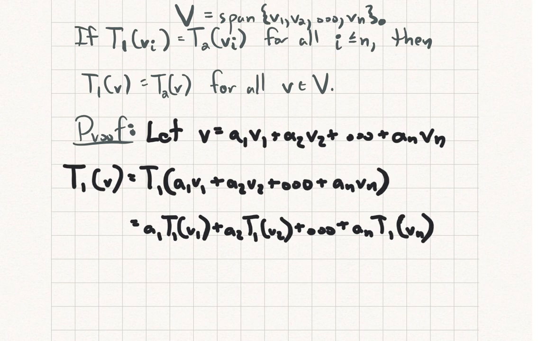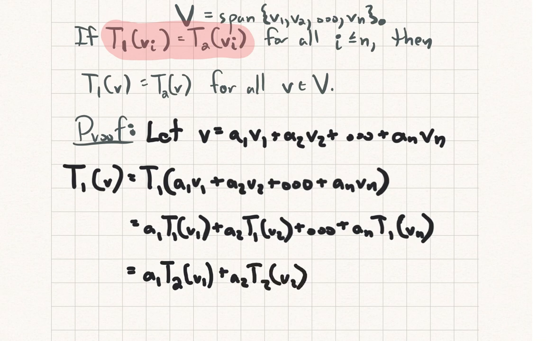Vn. But remember, I know that T1 of each vector in my spanning set equals T2 of each vector in my spanning set, so let me use that. V1 is in my spanning set, so this is going to be A1 times T2 of V1 plus A2 T2 of V2 all the way to AN times T2 of Vn.